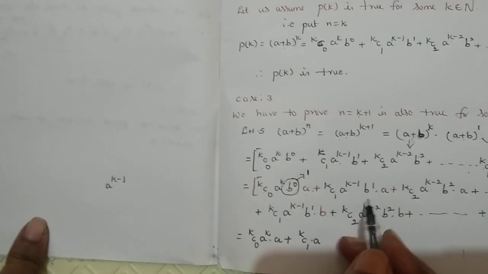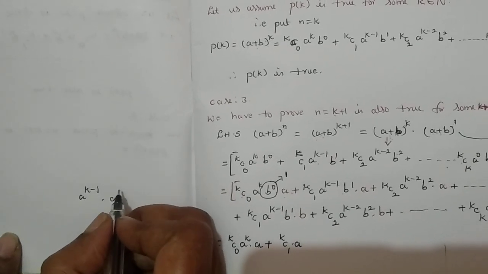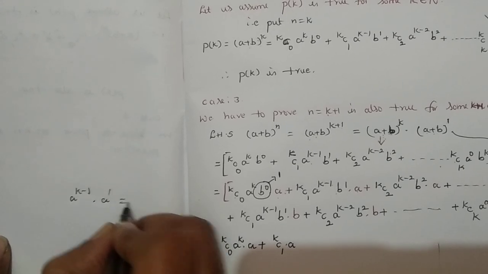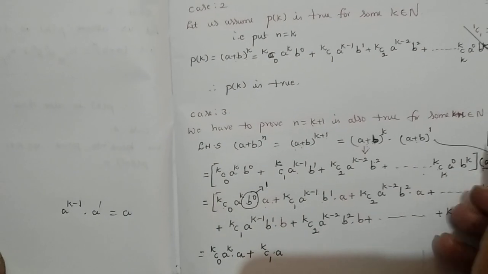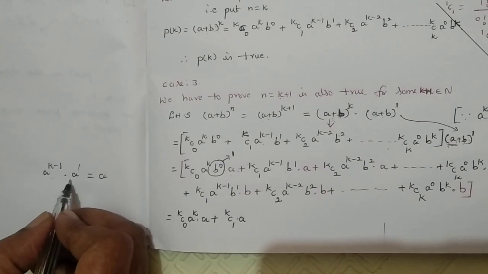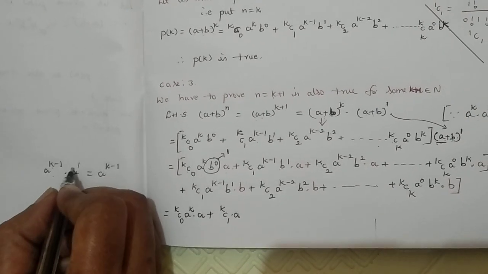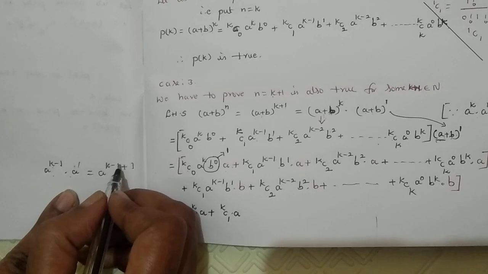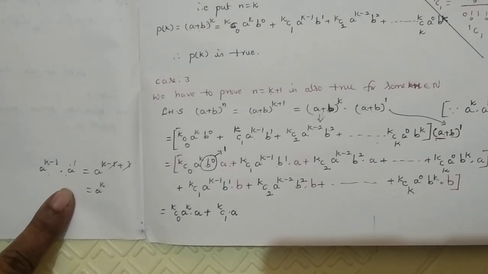A to the power of k minus 1 into this a: the power is 1, so bases are same, add the powers. This totally gives k minus 1 plus 1. Minus 1 plus 1 cancels, so this gives only a power k.